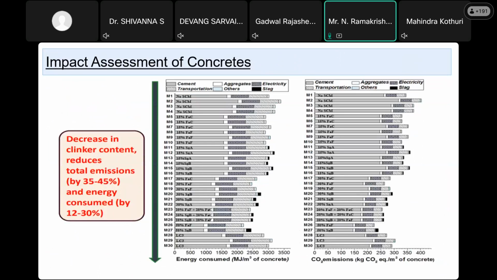When you reduce the clinker and replace that with some sustainable materials, energy consumed is also reduced. So energy consumption, double benefit you are going to get. Energy consumed is less, waste production is also less. Is this clear or not?